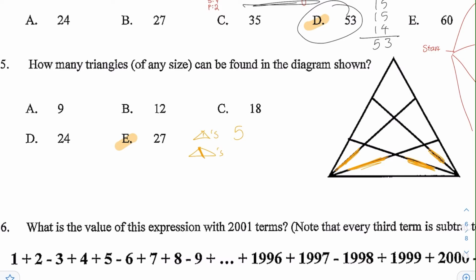This line will be 4. So you have 4 of these triangles that are just pairs. Then this line is 5. This line is 6. So those 2. And I think that's it. So there's 1, 2, 3, 4, 5, 6. Or so far there's 6.